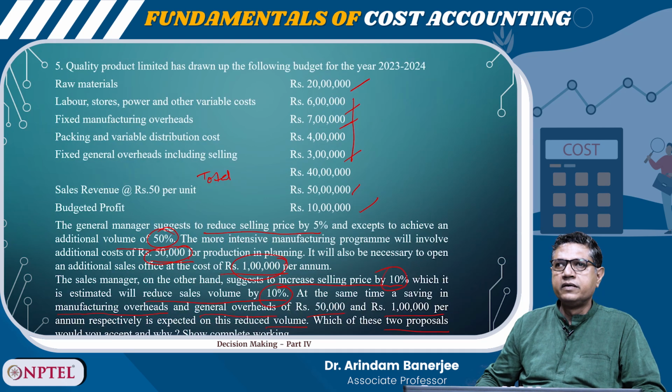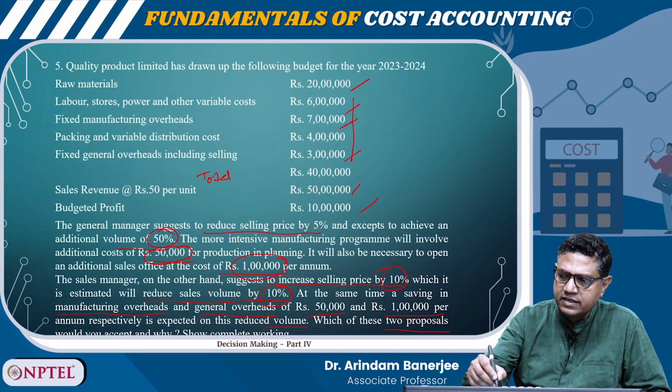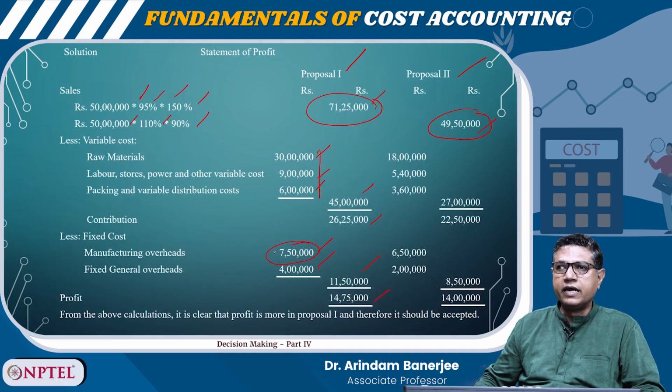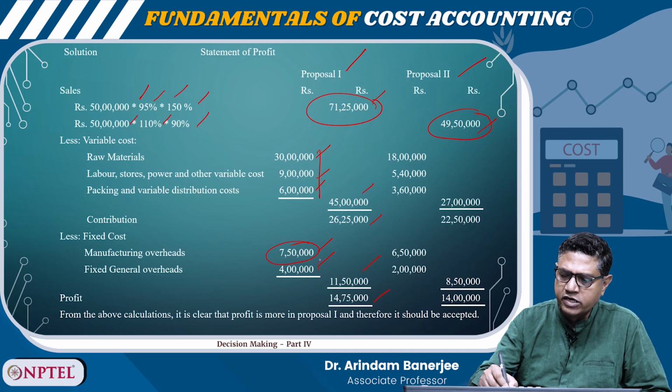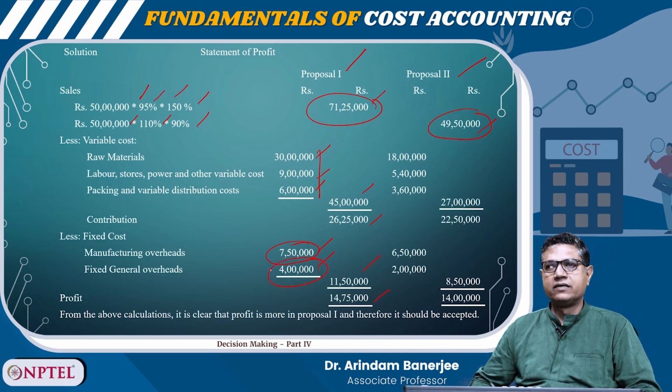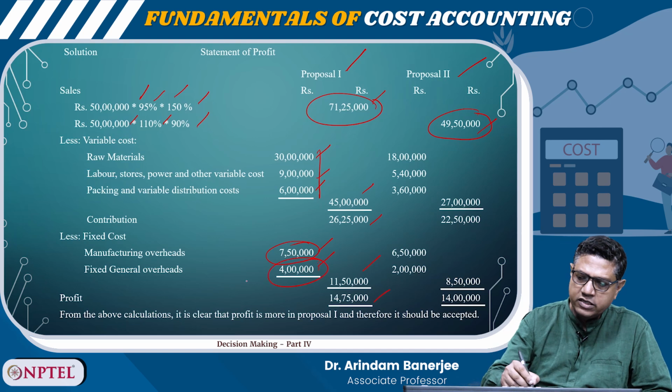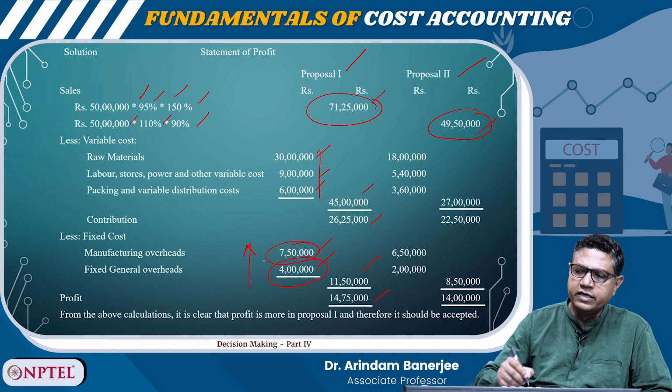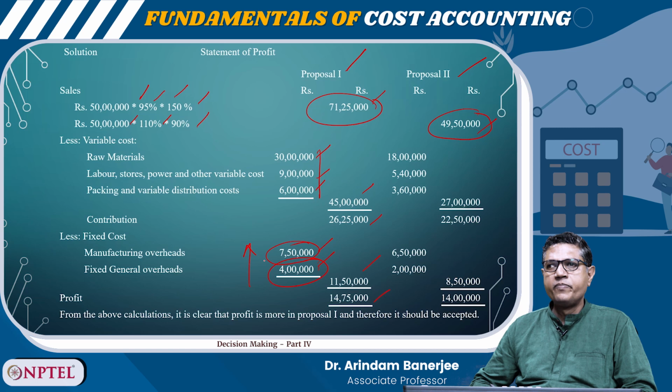And here the fixed general overhead is 3 lakh. With this 3 lakh, if I add 1 lakh more, my fixed general overhead is becoming 4 lakh, right.